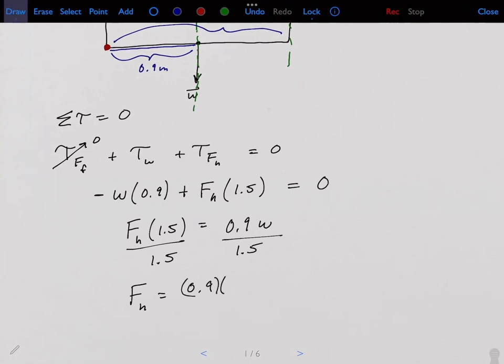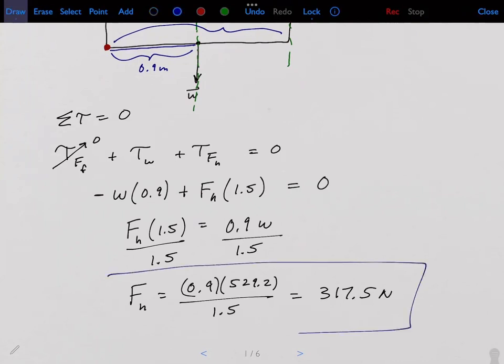We already figured that out. It's 529.2 divided by 1.5. And that turns out to be 317.5 newtons. Okay, great. So we found the force on her hands.